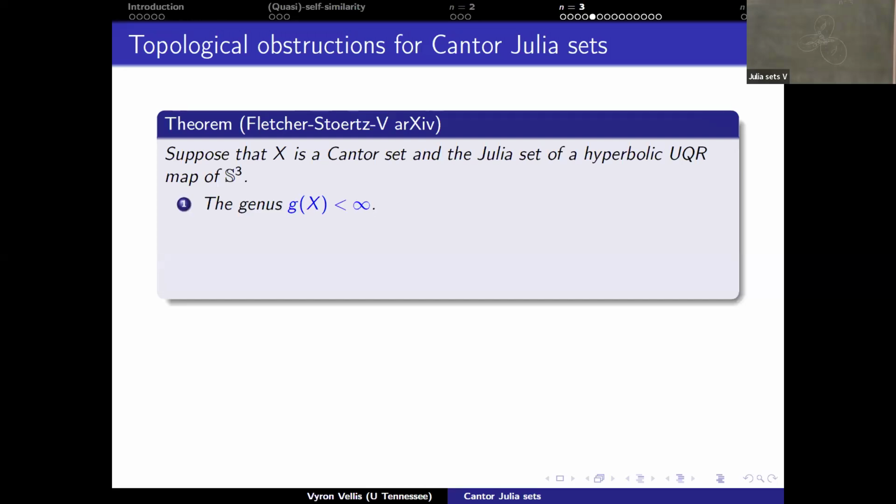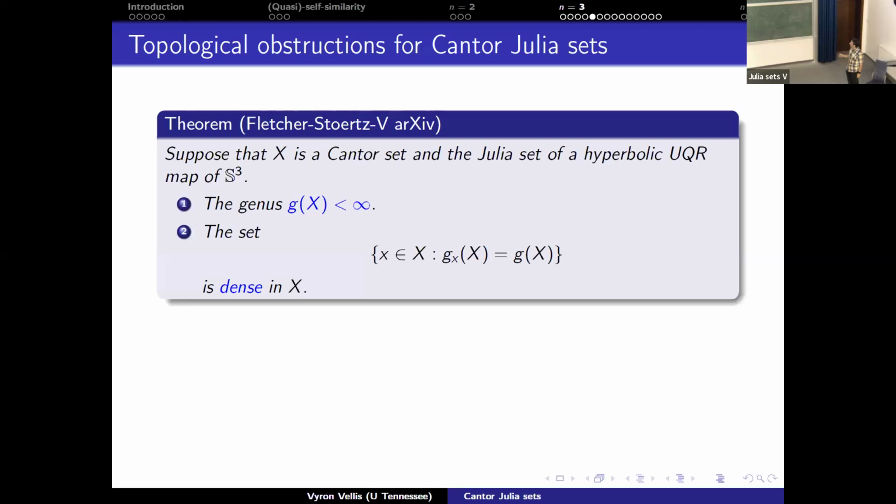I mentioned that there are sets of any genus, but you can also make Cantor sets of infinite genus by just accumulating Cantor sets of arbitrarily large genus. But if you have a Julia set, the genus has to be finite. And this result is not very surprising given the fact that we already know X needs to be quasi-self-similar. So it has some sort of finite representation. So this is really not surprising. But the next one is very useful.